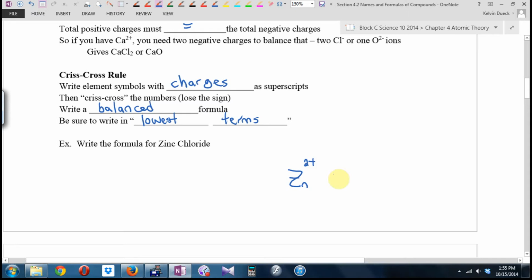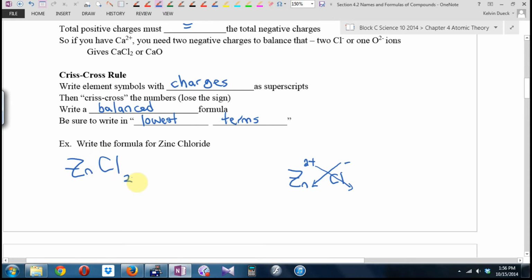What's the symbol for chloride? Chlorine, Cl. Found it on the periodic table. What's its ion charge? The crisscross rule says that's going to go there, that's going to go there. The formula for zinc chloride is going to be Zn with a 1, I'm not going to bother writing, Cl2.